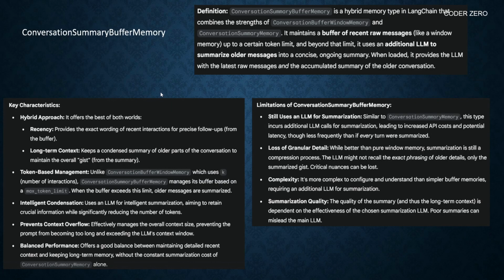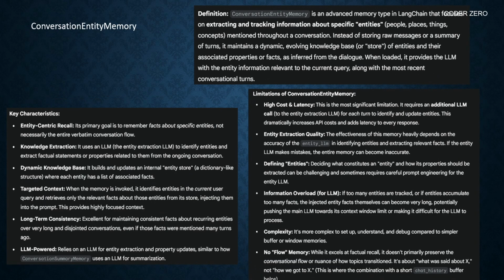Now the next type of memory we have is conversation entity memory. Conversation entity memory is an advanced memory type in LangChain that focuses on extracting and tracking information about specific entities mentioned throughout a conversation. Instead of storing raw messages or summaries of turns, it maintains a dynamic, evolving knowledge base of entities and their associated properties as inferred from the dialogue.